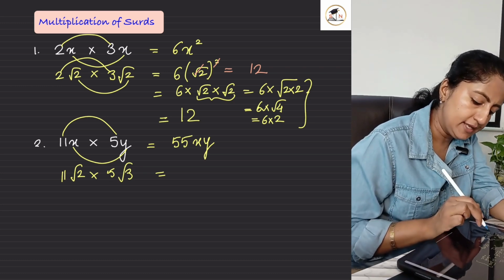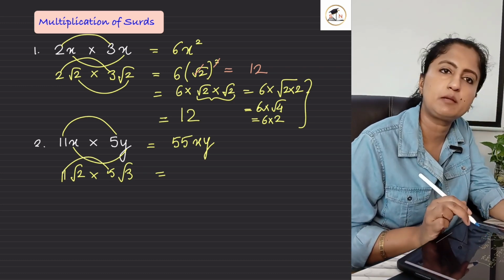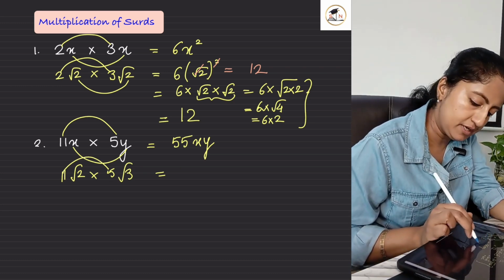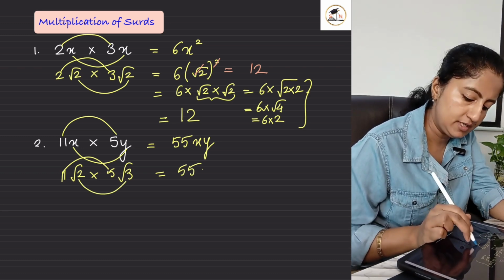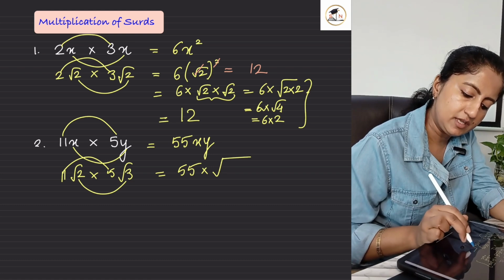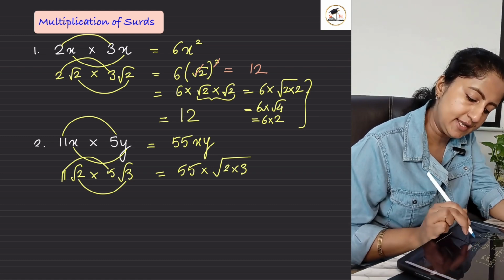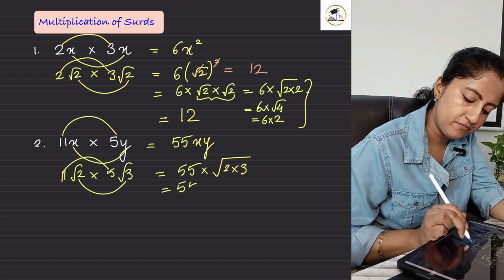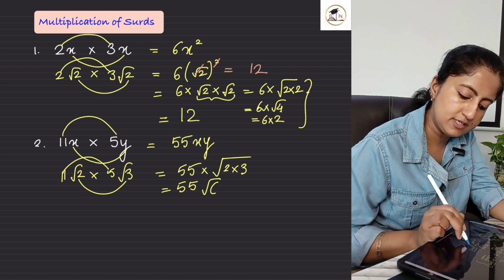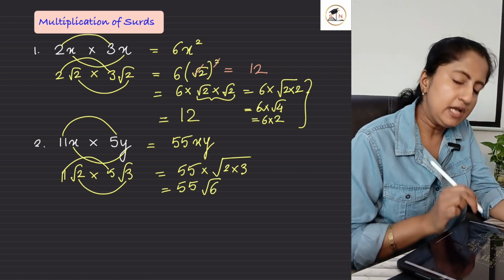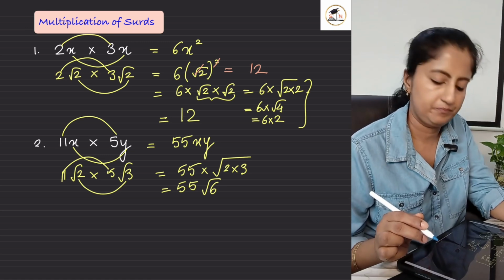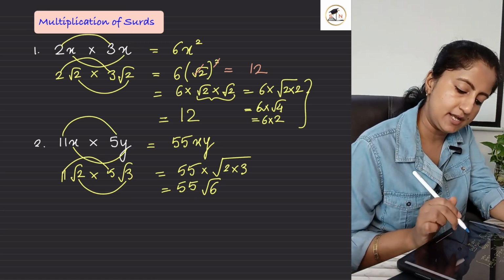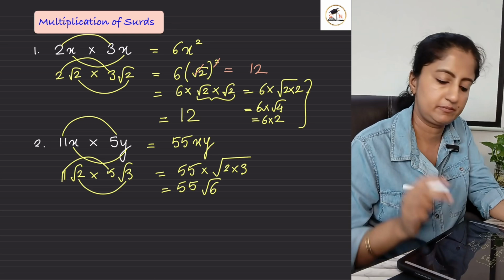Now what do we do? 11 into 5, that is we are multiplying the rational components, becomes 55. Root 2 times root 3 can be written as root 6, and hence your answer comes out to be 55 root 6, because unlike roots or different roots can multiply with each other. So the answer becomes 55 root 6.